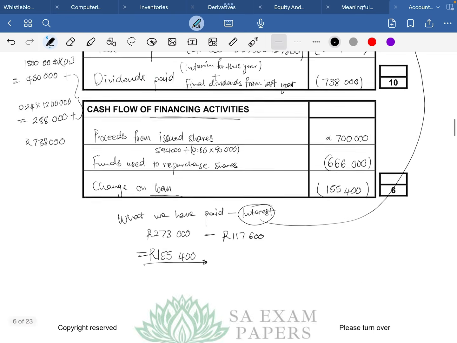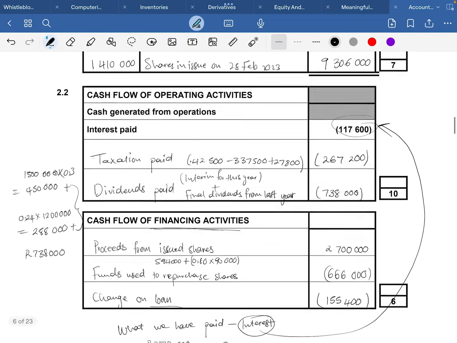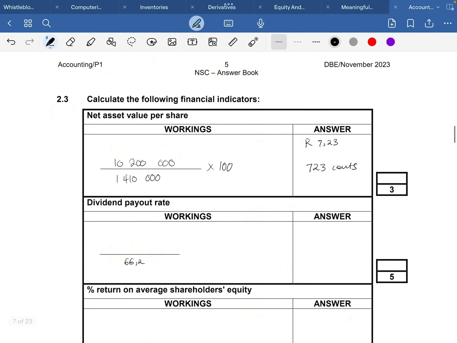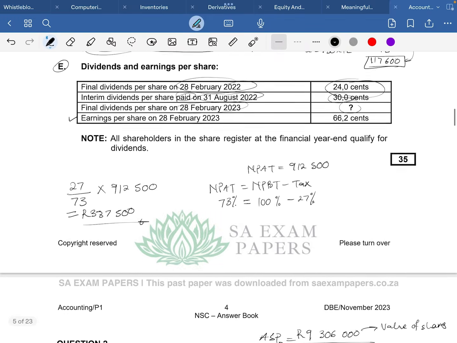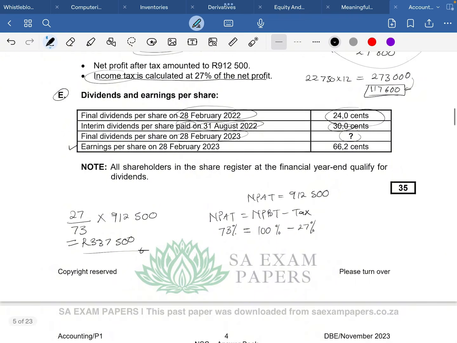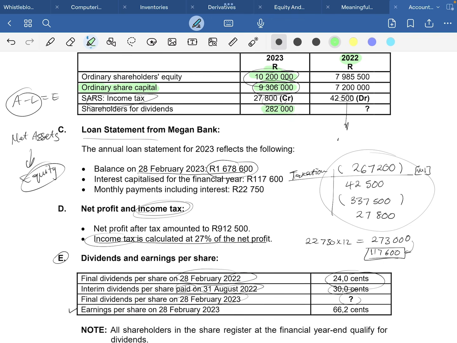Our first hint could be our interim dividends. They paid 30 cents per share, right? So we're going to add 30, but now we're supposed to find our final dividends per share. We have shareholders for dividends here as a closing balance of 282, right?